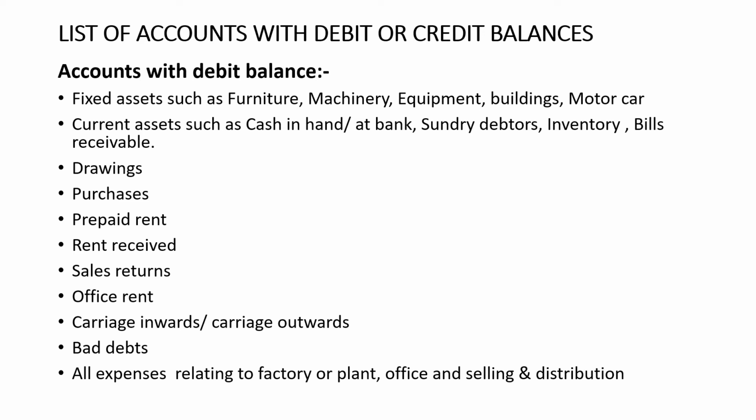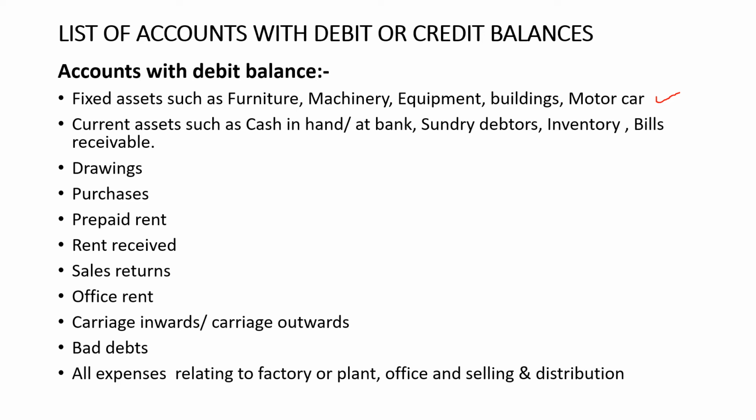First, we'll see which accounts we get in debit. First is fixed assets. Fixed assets such as furniture, machinery, equipment, building, motors, car, etc. All fixed assets that we enter in the trial balance are debit balances only.